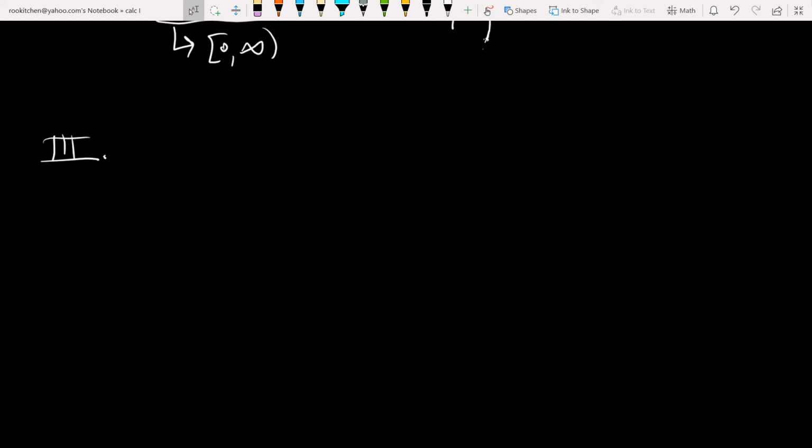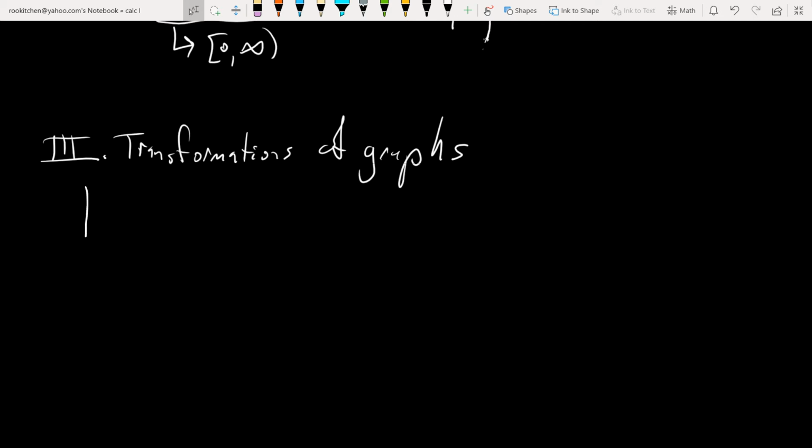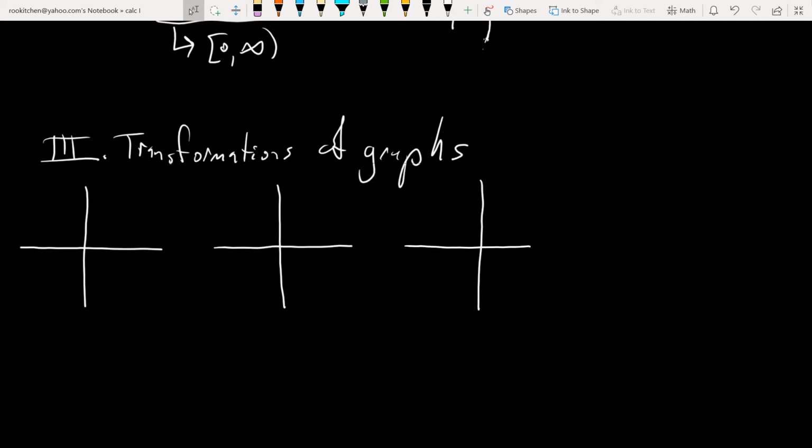speaking of transforming things, we want to take a look at transformations of graphs. And this is all about working with kind of a fundamental set or a basis of pictures, and then we could use these as, I don't know, starting places to graph other graphs.